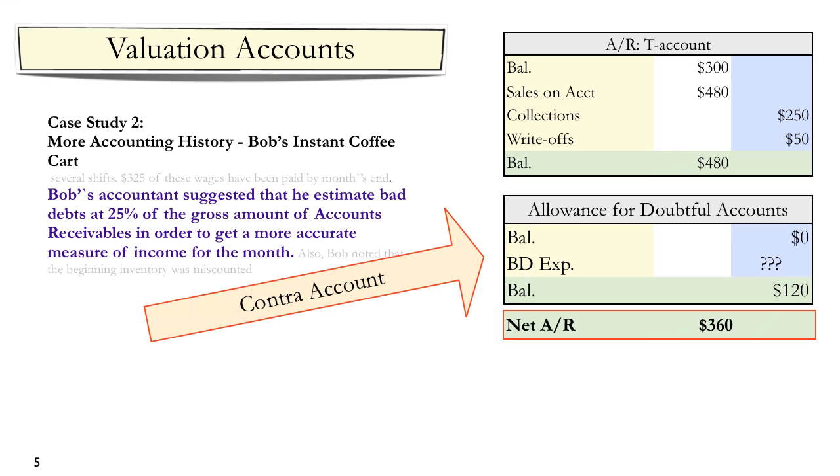Since the allowance for doubtful accounts sits against accounts receivable, it's often referred to as a contra account. Other contra accounts that you might be familiar with are things like accumulated depreciation and the allowance for sales returns.